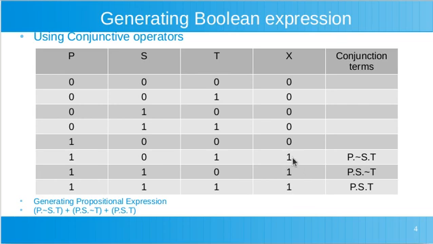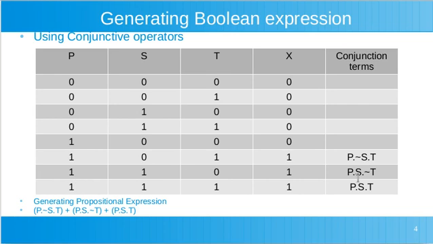Where the value is 1, the variable will be as it is, that is P, and if it is 0 then it will be the negation. Here the secretary has not agreed, so it is tilde S, and T is as it is.